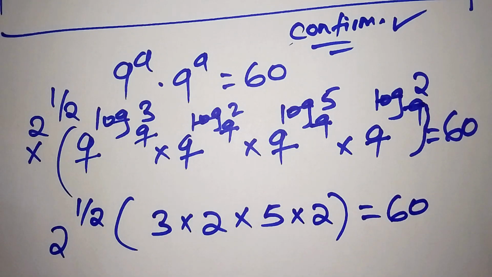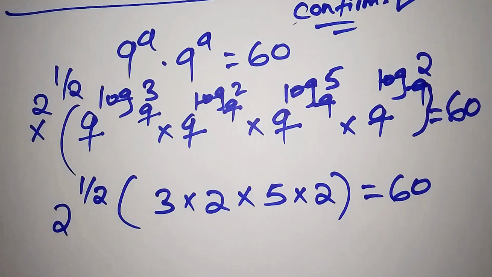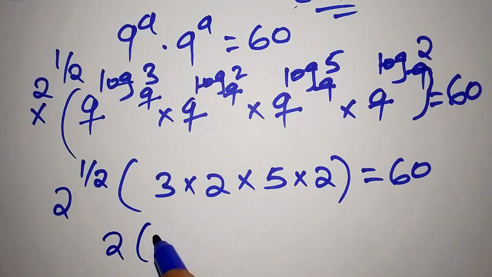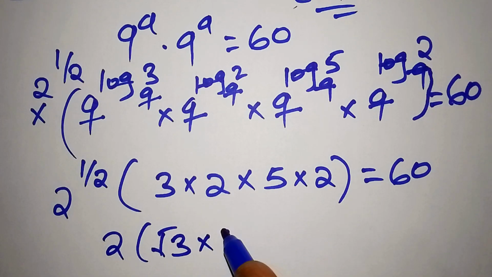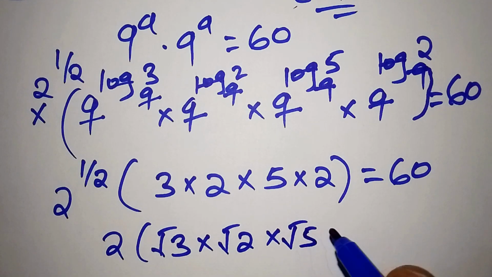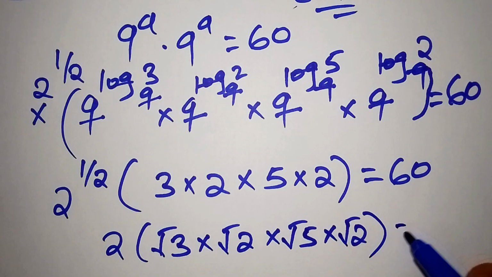So since it is a half, that is a half is the power of all this, we shall now have to put the root. So this half, we shall now have 2 into bracket, the root of 3, multiplied by the root of 2, multiplied by the root of 5, also multiplied by the root of 2, should give us 60.